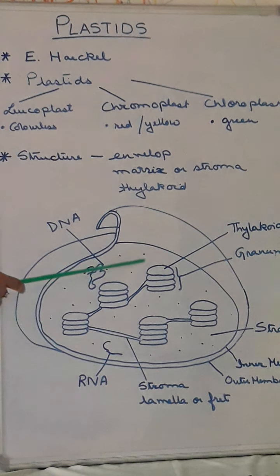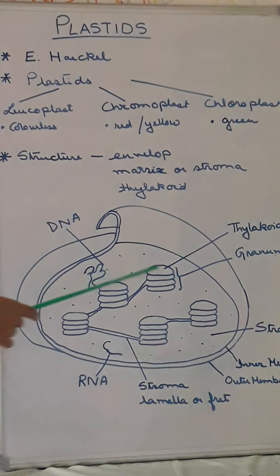Now the thylakoids are disc-like structures. They are arranged in a stack, and this stack consists of 2 to 200 thylakoids, which together are known as the granum. So the thylakoid is the site of the light reaction of photosynthesis, whereas the stroma is the site of the dark reaction of photosynthesis. Got it?